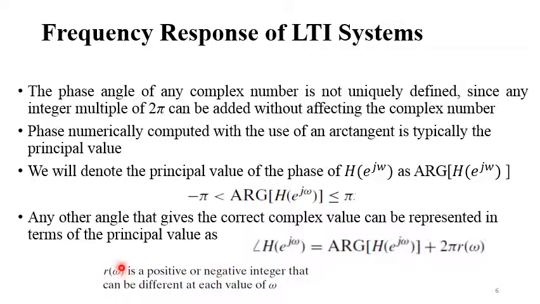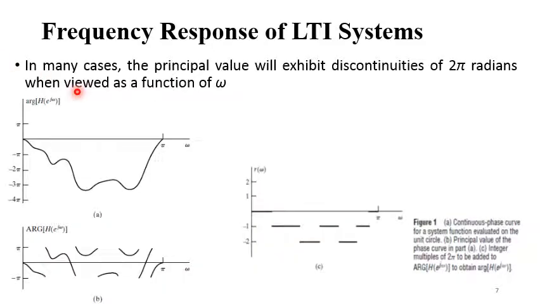We have written omega here, so it is a function of omega. In many cases, the principal value will exhibit discontinuities of 2 pi radians when viewed as a function of omega. It is shown here in the figure.